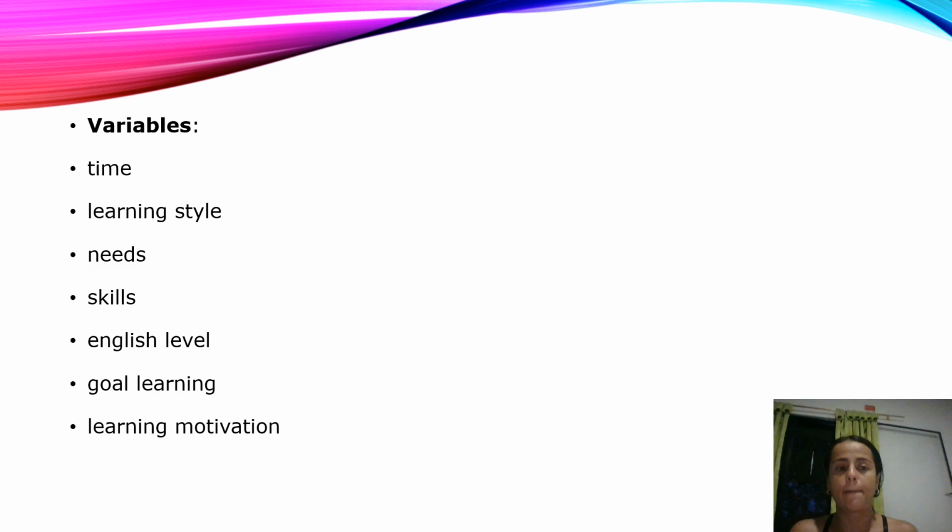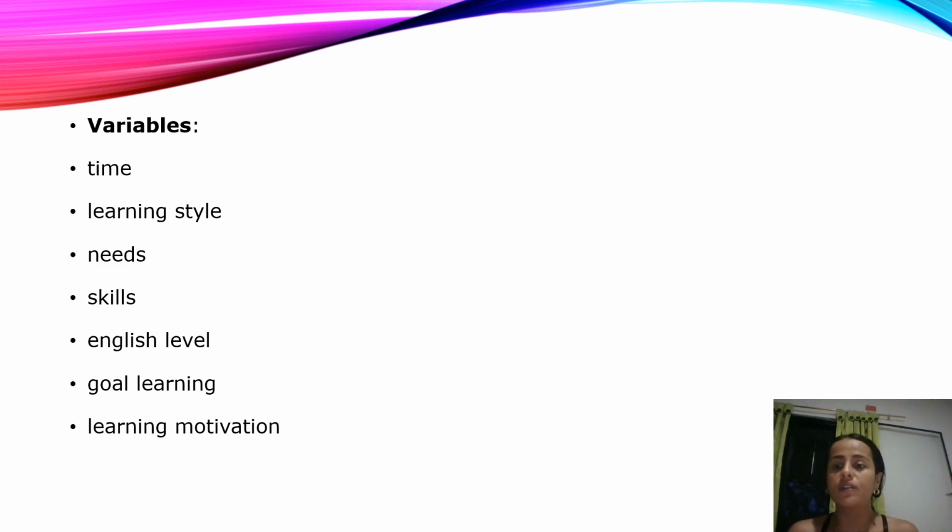We are going to have a number of variables, and these are time, learning style, needs, skills, English level, learning goal, and learning motivation. Time: we know that she has a month to improve her skills, so we have 30 days to reach the goal, that is, pass the exam.